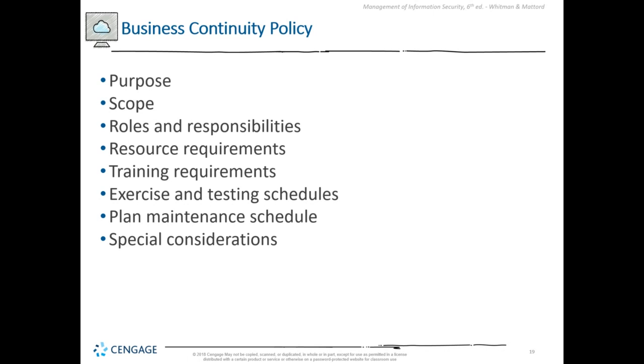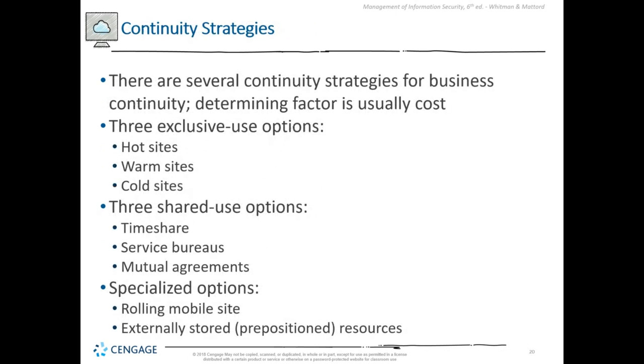Without the testing and rehearsal, the quality of that plan and its ability to accomplish its objectives of shortening the recovery time is unknown. So you want to make sure that one of your key objectives is to remove as many unknown factors as possible. And you do this through your testing, through your exercises. The testing can also help you see hidden flaws in the plan. That's something that you can then take steps to repair before it's actually needed.